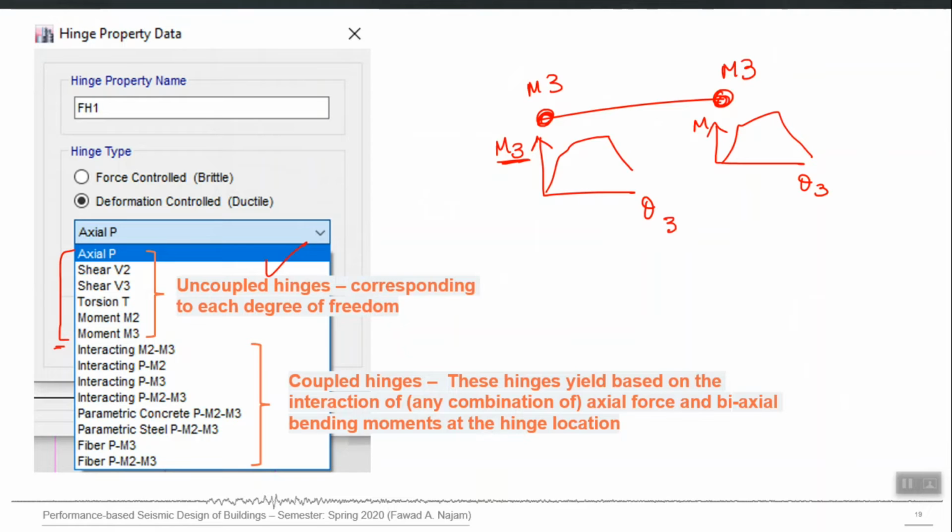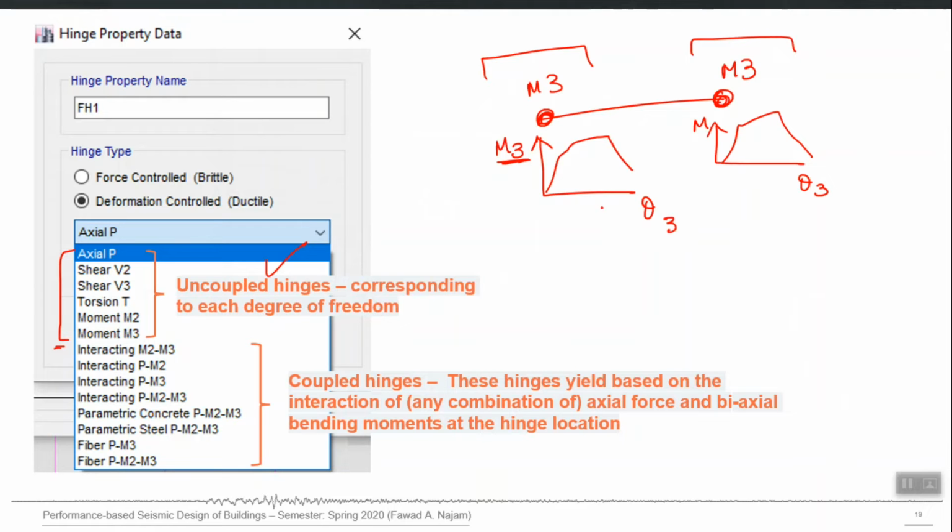They will still remain elastic if I just use this M3 hinge at both ends, right? So out of 6 degrees of freedom at this end, I make 1 nonlinear, other 5 are still elastic. They still will follow elastic formula between action and deformation. Same is the case on the right end. If I just have 1 M3 hinge, other 5 are not disturbed.